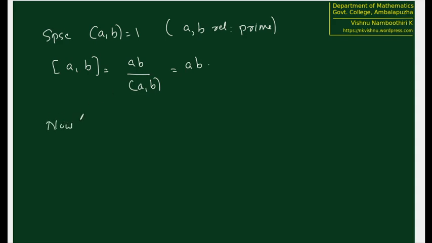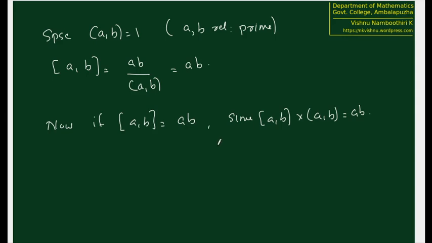Now on the other hand, if LCM is equal to AB, but we know that LCM into GCD is equal to the product. So here we are getting LCM itself is equal to AB, therefore GCD must be equal to 1, or A and B are relatively prime to each other.